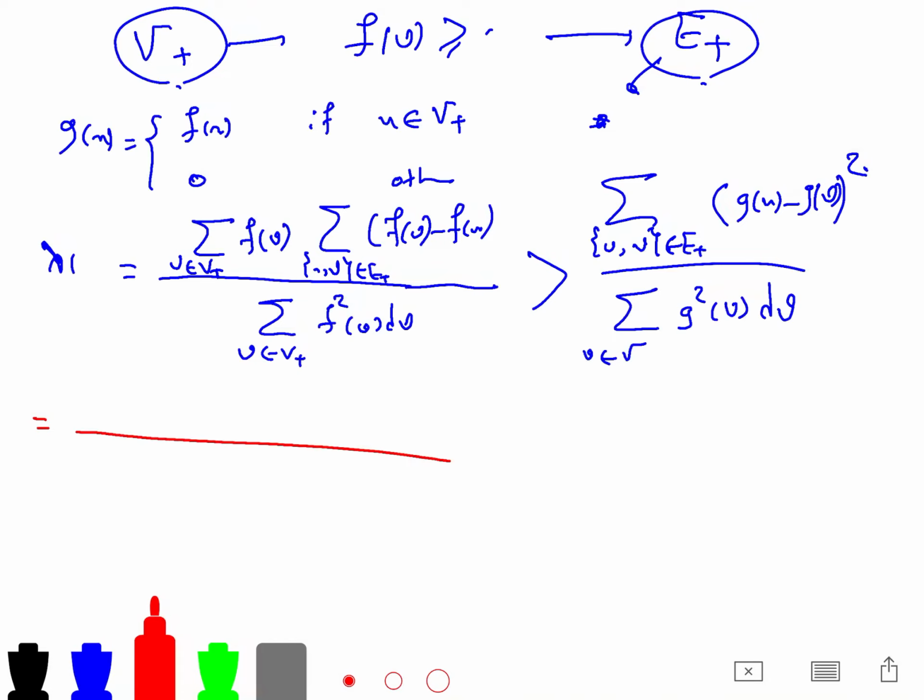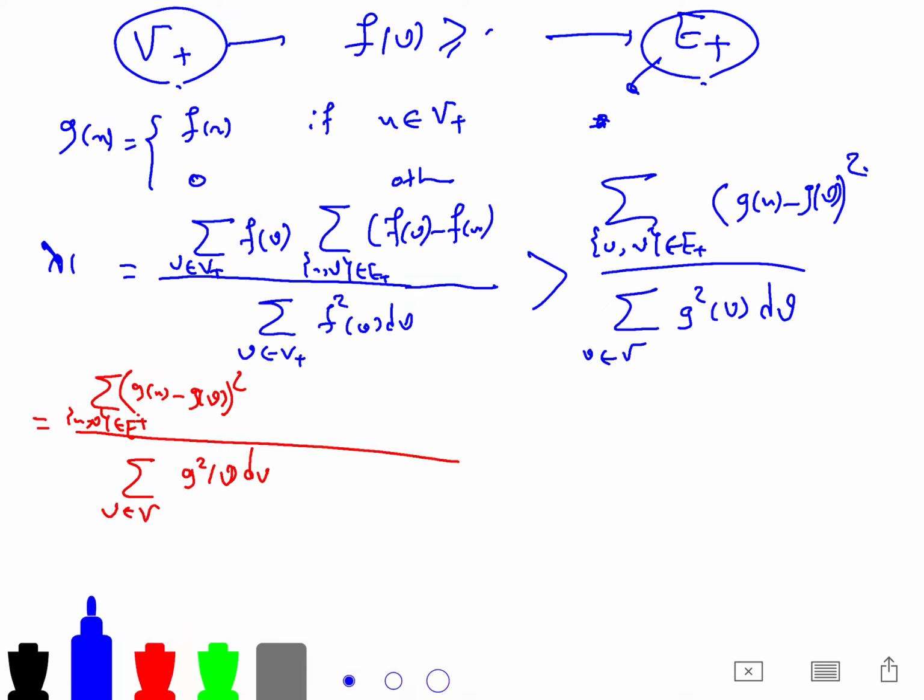I didn't touch the denominator. As usual, I just multiply numerator and denominator by the same factor, (g of u plus g of v) squared.